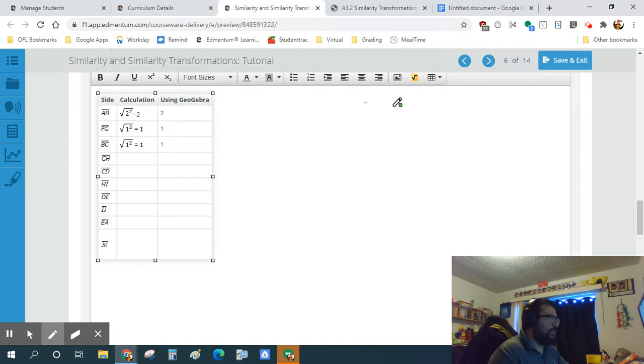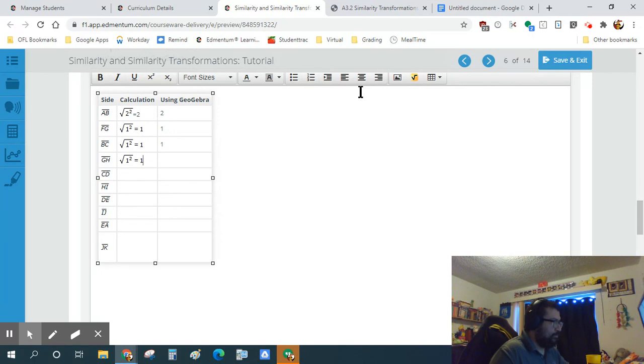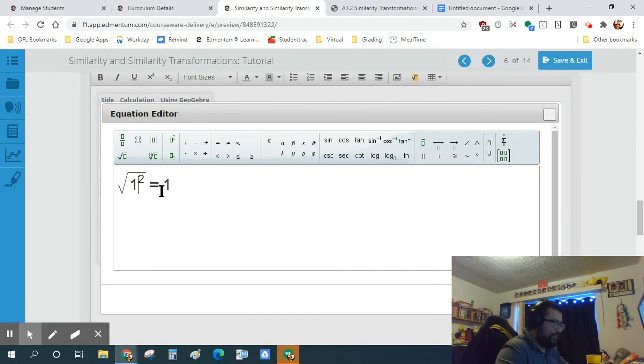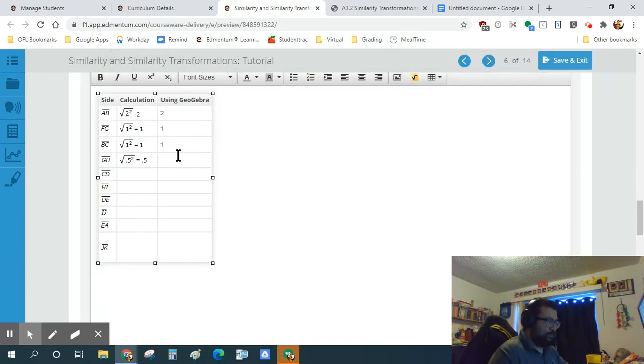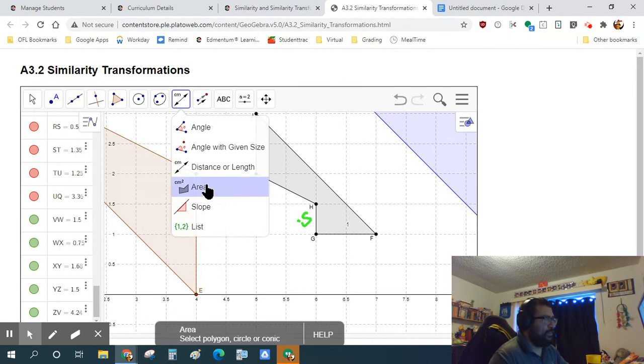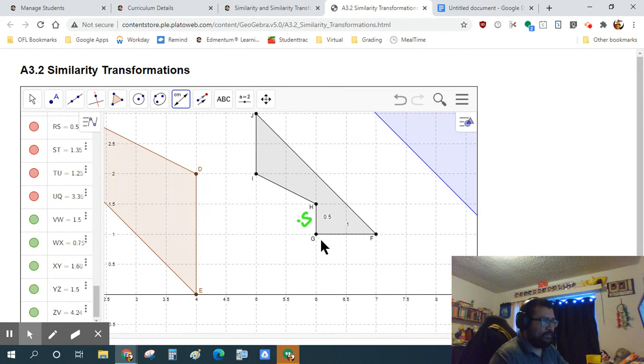So what I'm going to do here is, being lazy, I'm going to copy this, paste it. But if you highlight it and go here, you can actually edit the equation. So I'm just going to edit this to be 0.5, which means this is 0.5. And GeoGebra is just going to say it's 0.5. So what I mean by that is if I were to measure this, GeoGebra would just say it's 0.5.